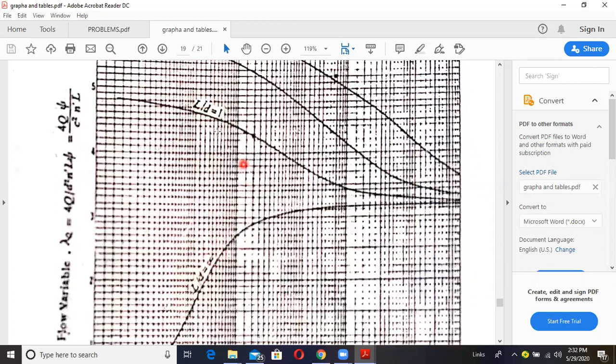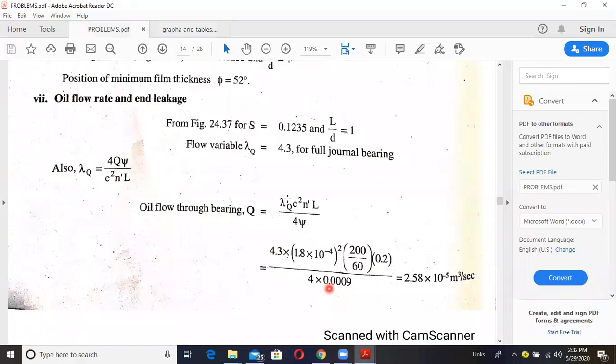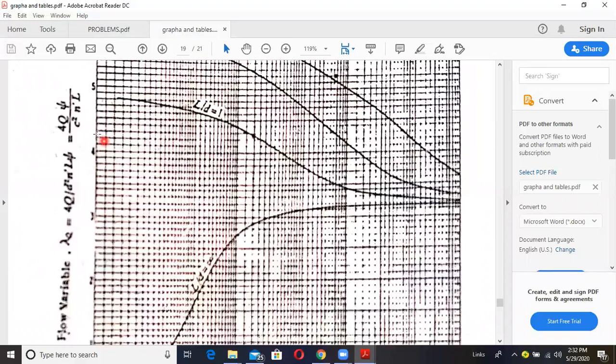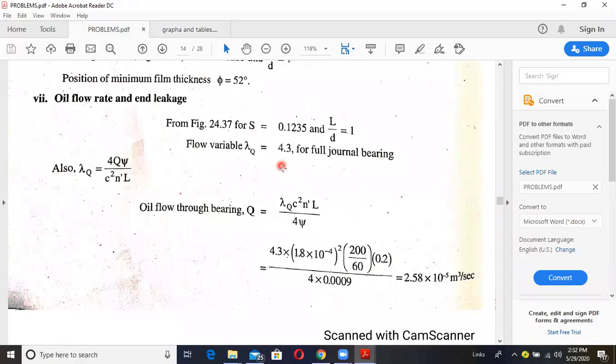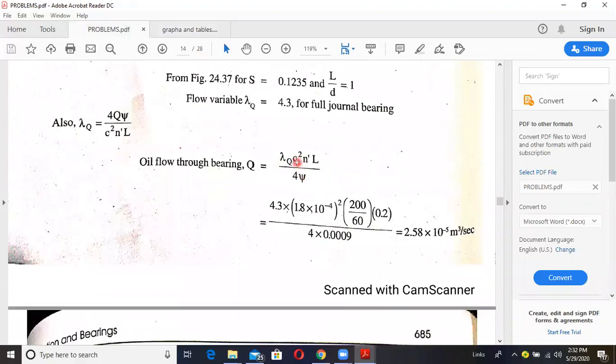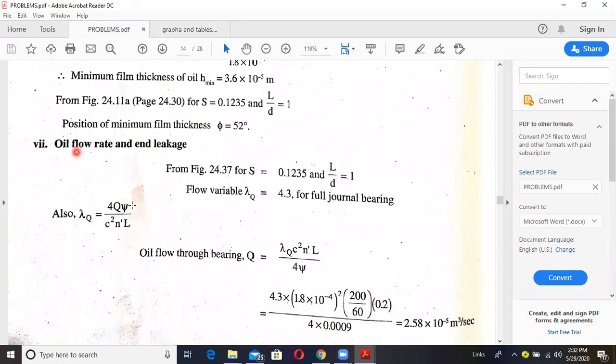Come towards the left side and we get lambda Q between 4 and 5, which is 4.3. Once you get lambda Q, substitute lambda Q, C, N dash, L, everything, and we can calculate the flow rate. Flow rate is over. Next we calculate end leakage.